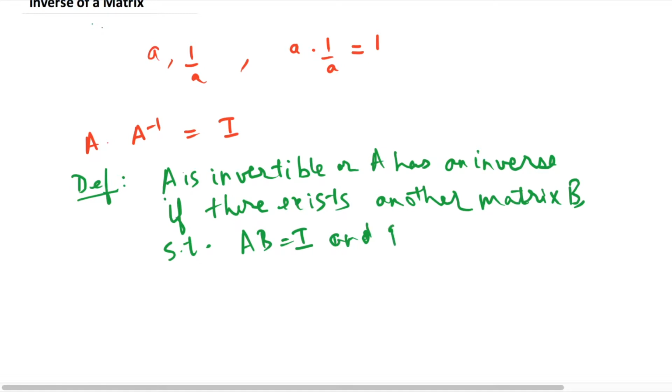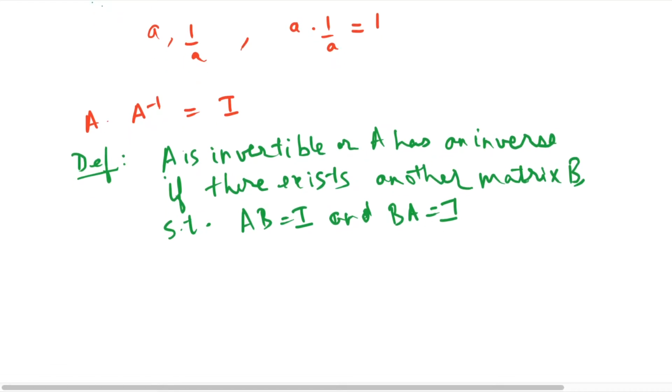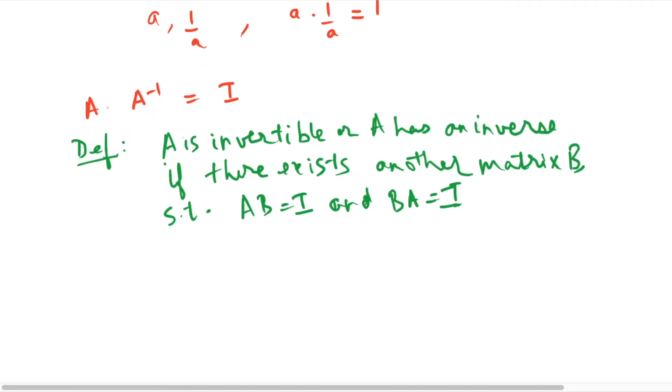Then the matrix B is the inverse of A, and it's written as A inverse.